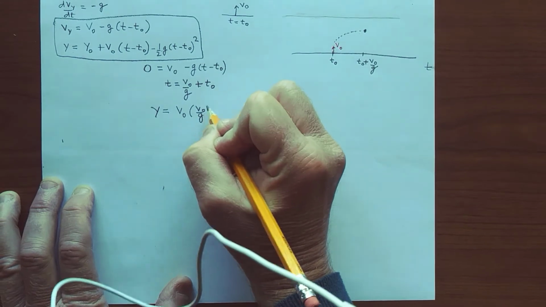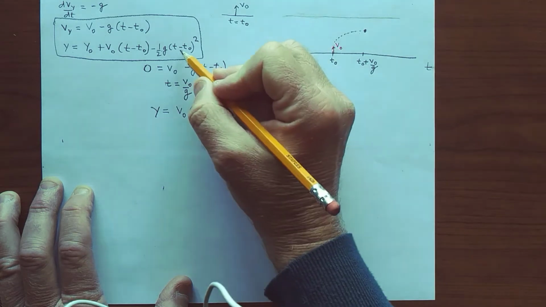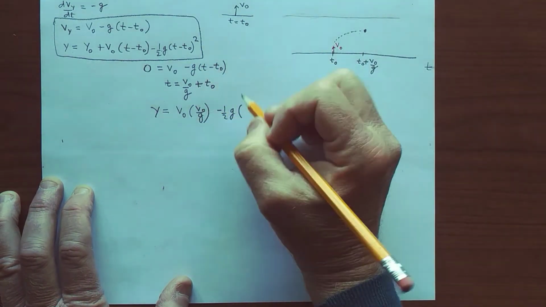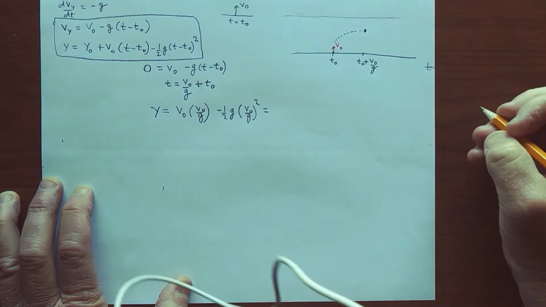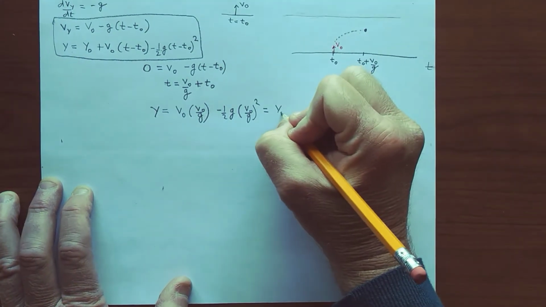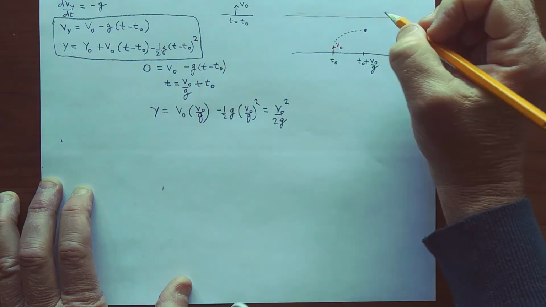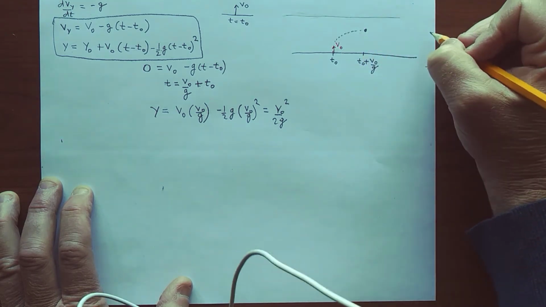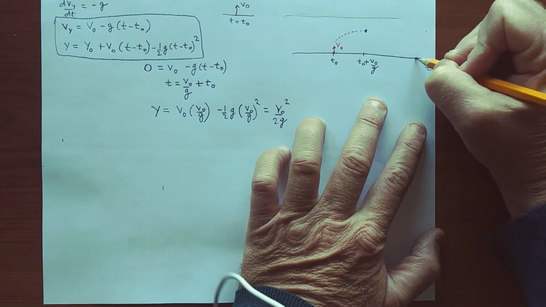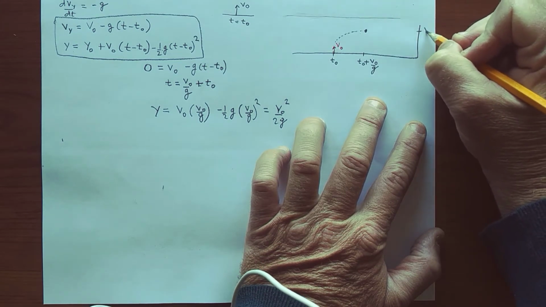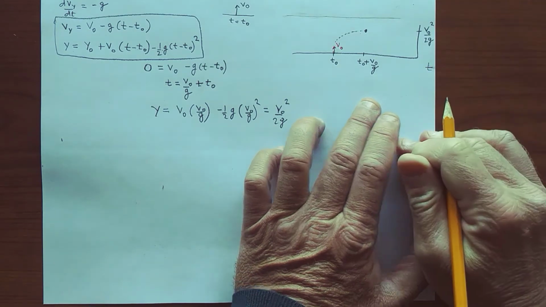So we get what we got before, minus 1/2 times t minus t naught squared, which again is v naught over g. And that, of course, gives us v naught squared over 2g. And so this point here is v naught squared over 2g.